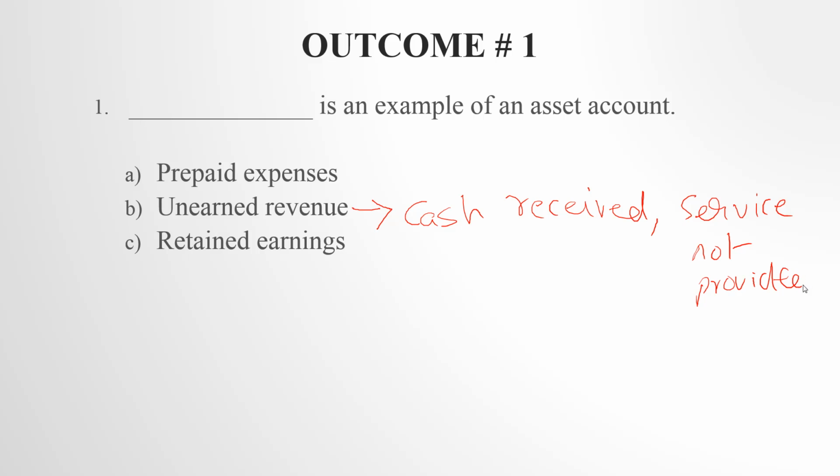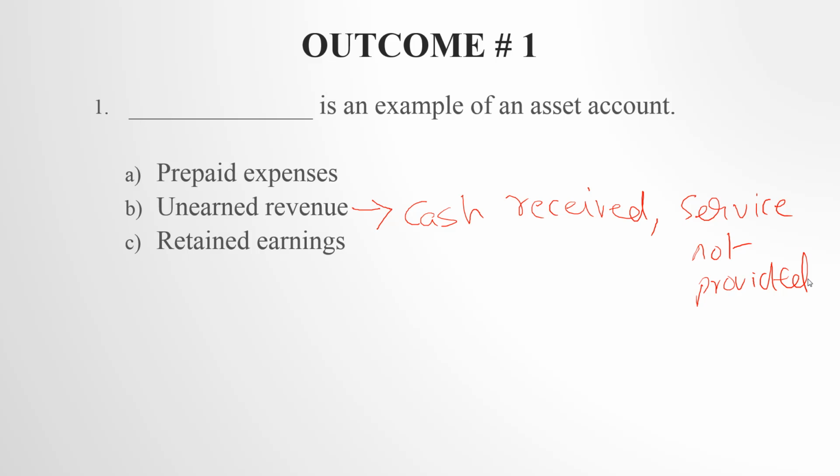What will be an example? Suppose you subscribe to a magazine and you pay for the next year's service in advance. Suppose the subscription cost is $100. You pay $100 to the company for the next 1 year. Now the company hasn't provided you all of the magazines yet, and therefore that $100 actually is unearned revenue.